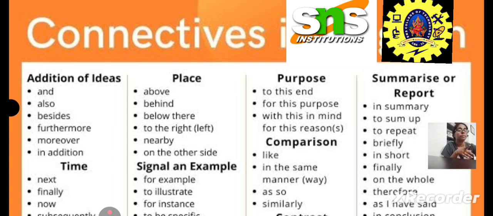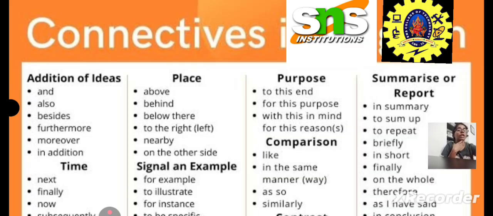What kind of word is it? It is addition of ideas. He is intelligent and hardworking. Another one: You should study well dash, you will fail. The answer is or: you should study well, or you will fail.